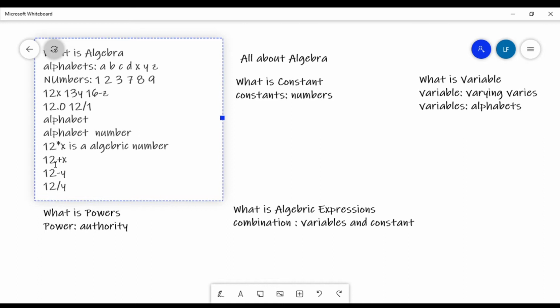But then you may be asking, if terms can only be separated by a plus and minus symbol, doesn't that mean that this is not actually an algebraic number?